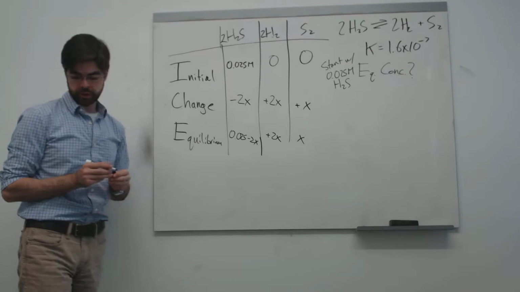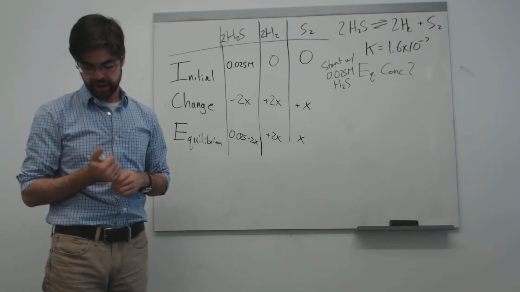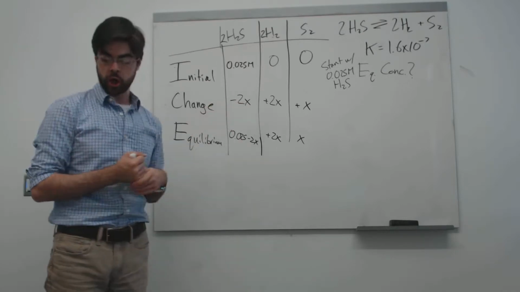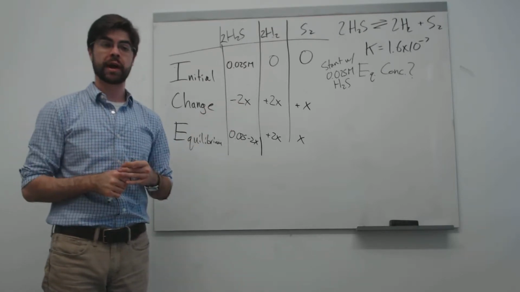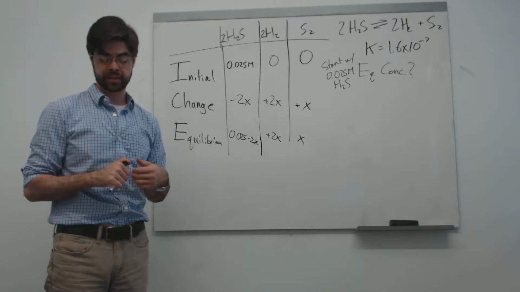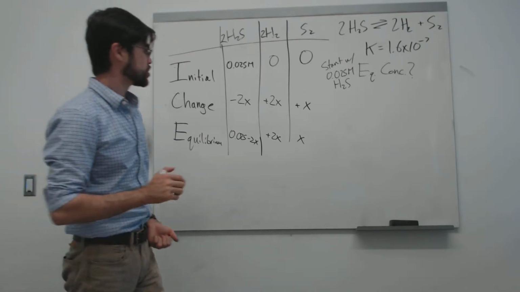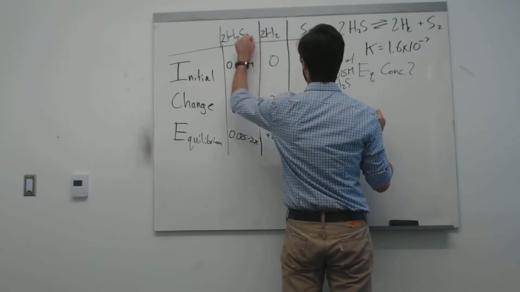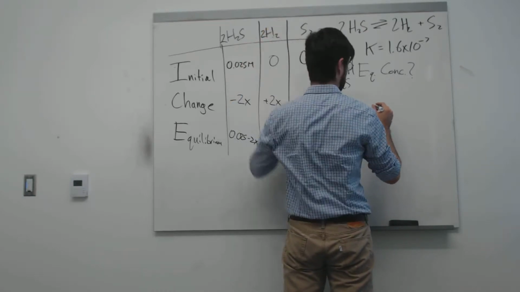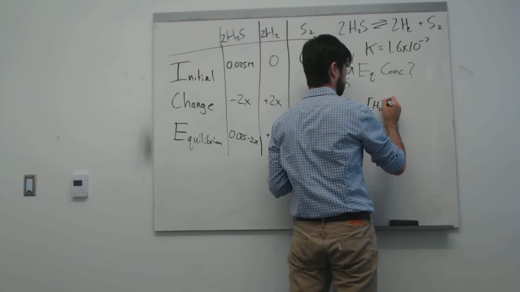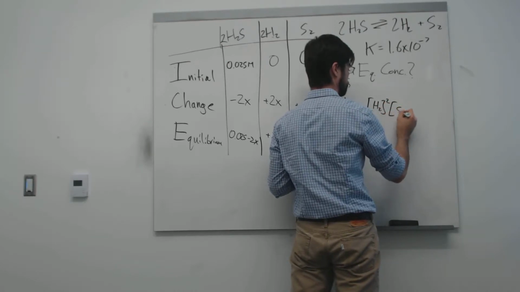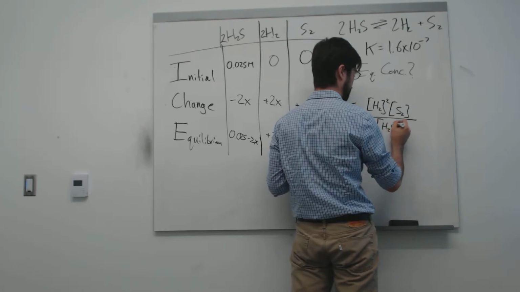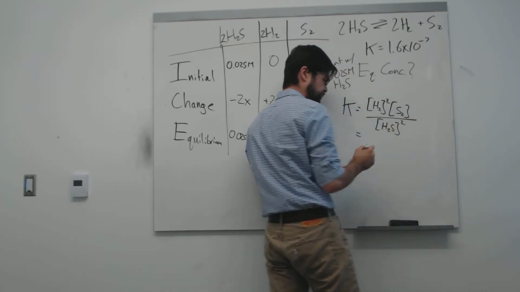These are my equilibrium concentrations, and I can plug those into the law of mass action and solve for x, figure out just how much of my reactants reacted. So the equilibrium expression should be the concentration of the hydrogen gas squared times the concentration of the sulfur gas over the concentration of H2S squared.